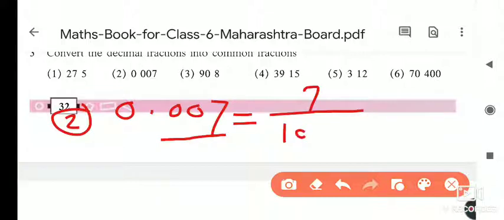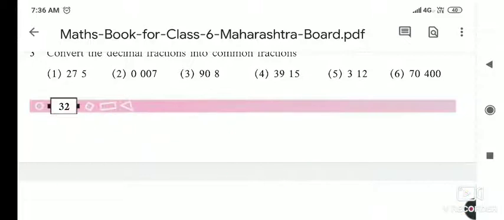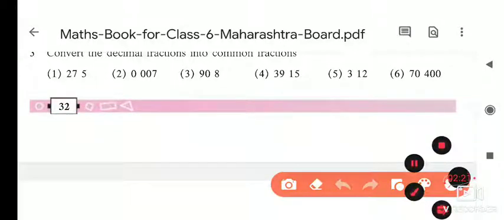So on 1 you give three zeros. So 7 upon 1000 is its answer. This is the conversion that we already studied. When the number is given, we write it, and after the decimal point, as many digits as there are, that many zeros we give on 1.